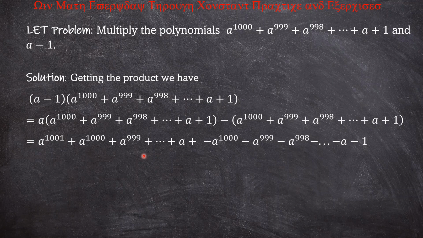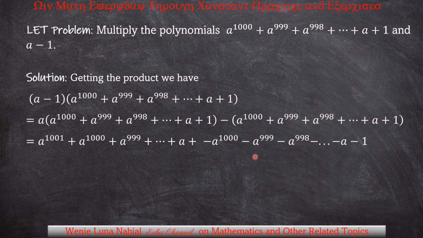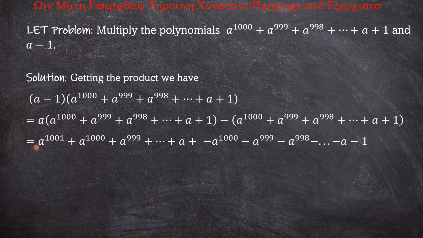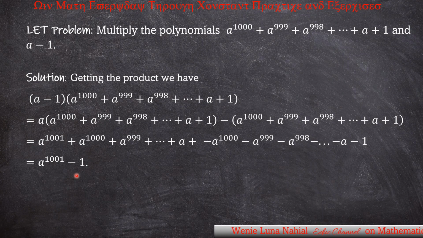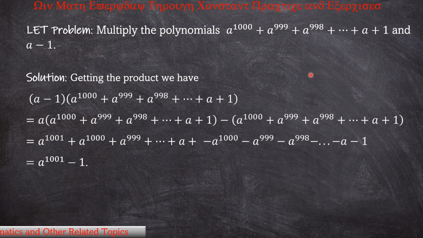Then positive a raised to 999 and negative a raised to 999 also. What remains is just a raised to 1001 and negative 1. Therefore, the product is a raised to 1001 minus 1. So that's the product of this polynomial multiplied by this binomial a minus 1.